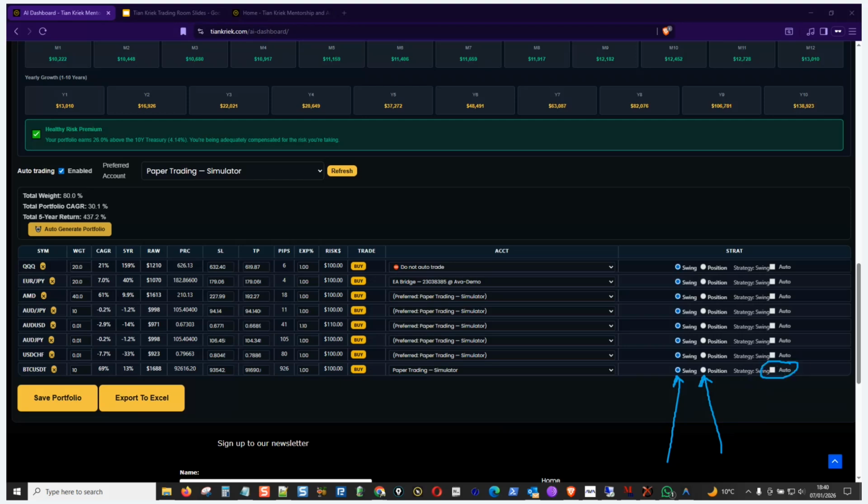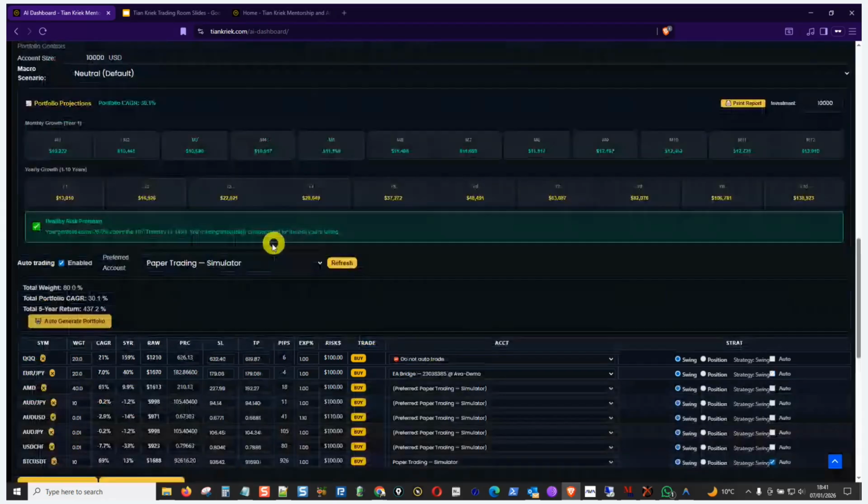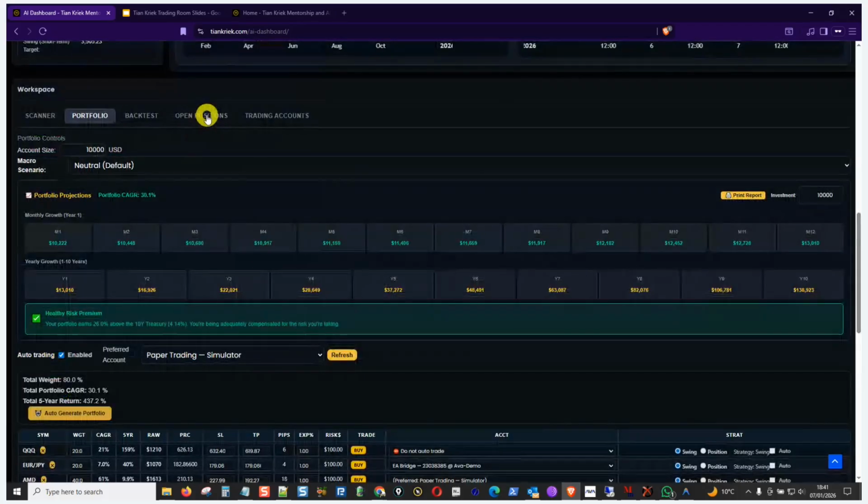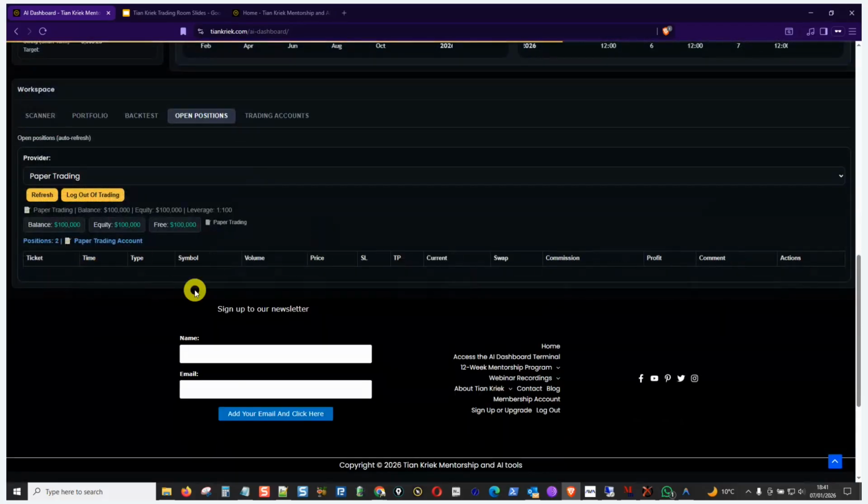All right, so I'm just going to select the swing trading strategy and I'm going to check the auto trading box. If you check that auto trading box, make sure that the global auto trading is also enabled in the portfolio. Otherwise, it's not going to auto trade. And then you can go and click on open positions, and then it will show you the open positions.